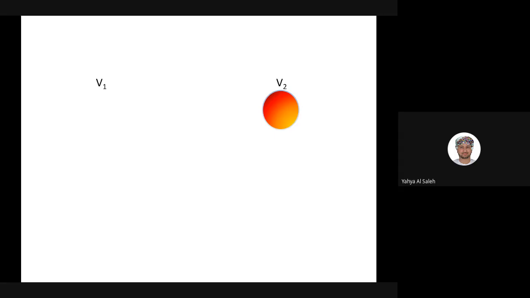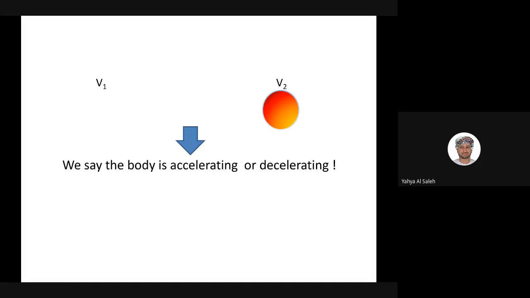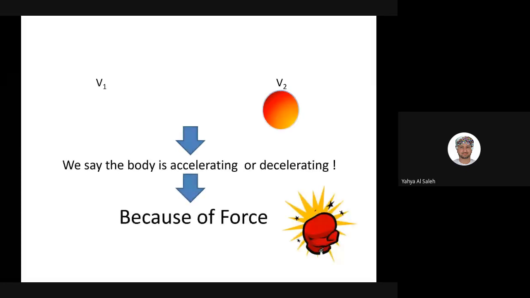It had an initial velocity, a final velocity, and we know how to find the initial and final velocities and the positions using our equations. The question is, why is it accelerating or decelerating? And the answer is what we call force.